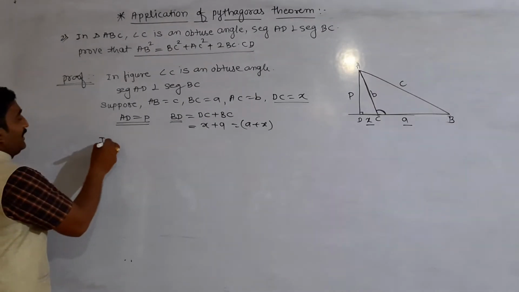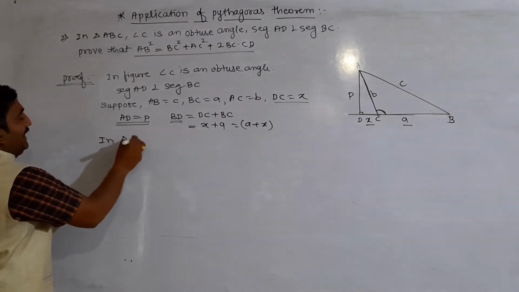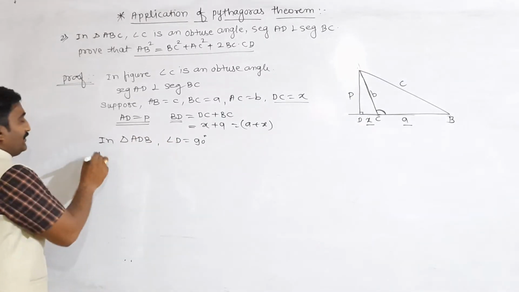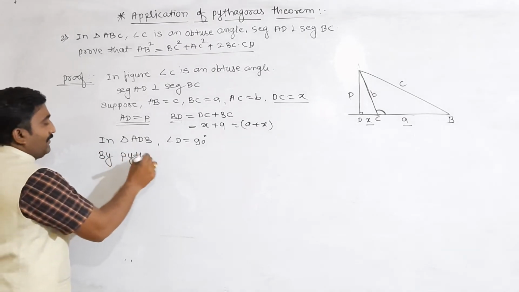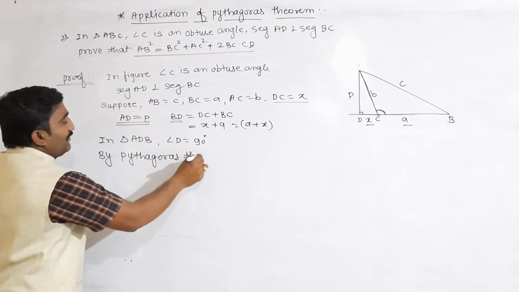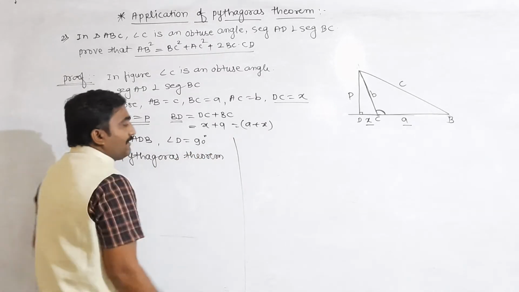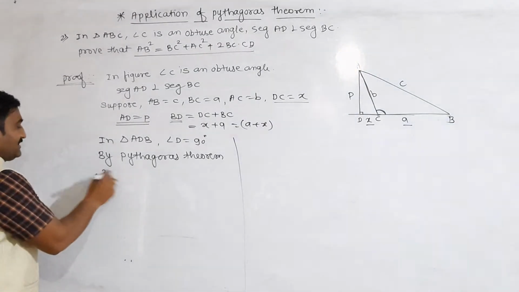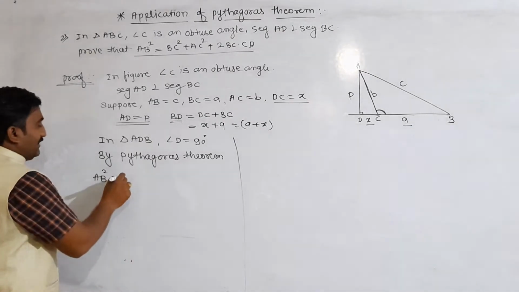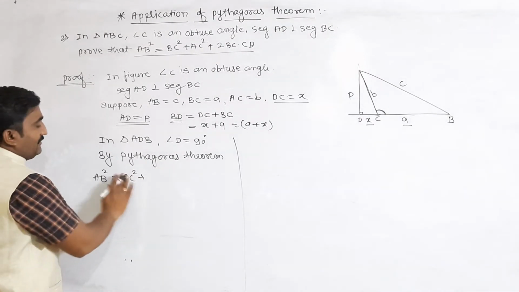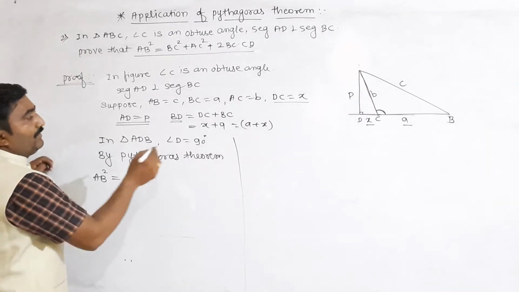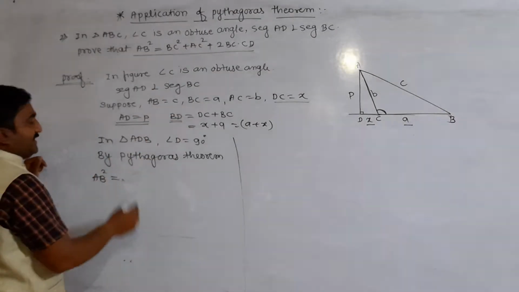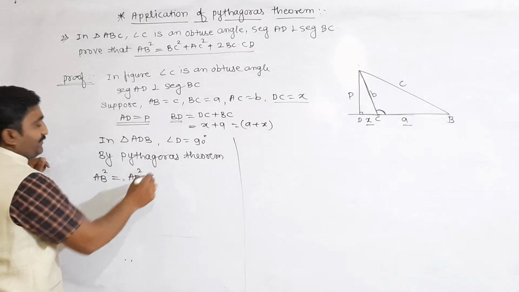So in triangle ADB, angle D is equal to 90 degrees. So by Pythagoras theorem, this is the hypotenuse, so we can write AB square is equal to AD square plus BD square.